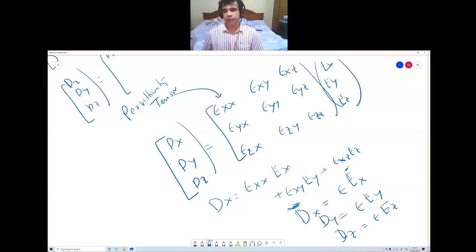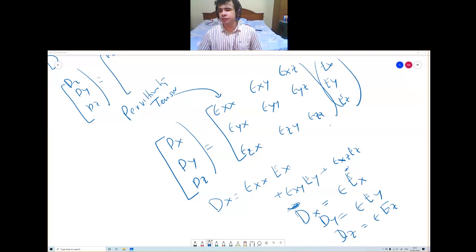Dx is independent of Ey and Ez, Dy is independent of Ex and Ez, and Dz is independent of Ex and Ey. Is it okay? Isotropic and anisotropic concept. There are a few anisotropic materials which have great application in microwave engineering, for example ferrites, but for this course we are not going there. So these are okay: linear, isotropic, and homogeneous.